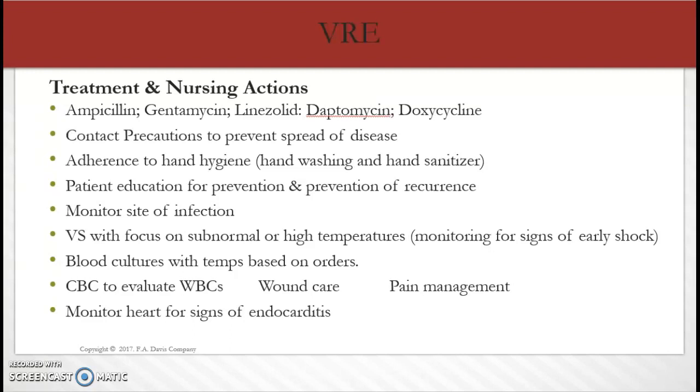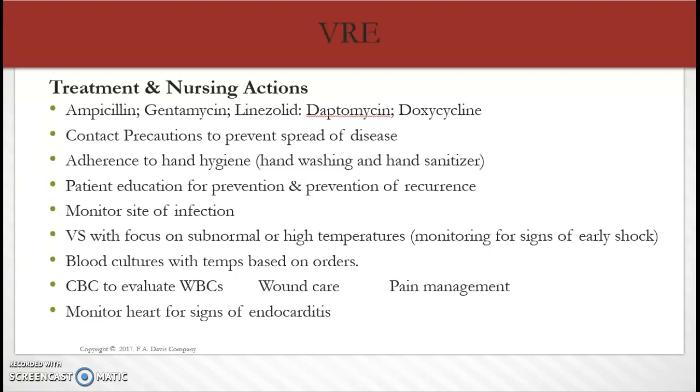Again, contact precautions, strict hand hygiene, prevention of recurrence, monitoring the site of infection again, same typical things that you're watching for, with the caveat of monitoring the heart very closely for signs of endocarditis.